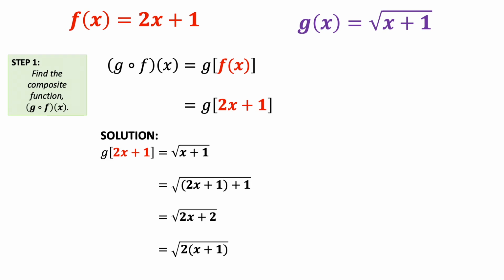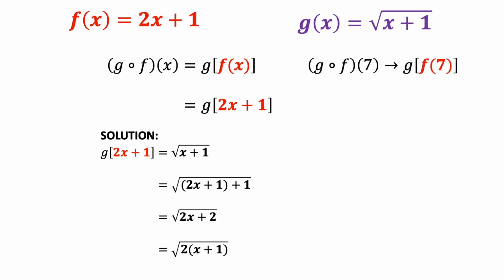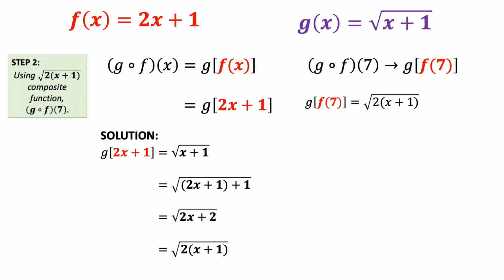Now that we have g circle f of x, we will use its equation to find g circle f of 7 in step 2. This is done by substituting 7 to our g circle f of x. Substituting 7 to x, we will have square root of 2 multiplied by 7 plus 1.